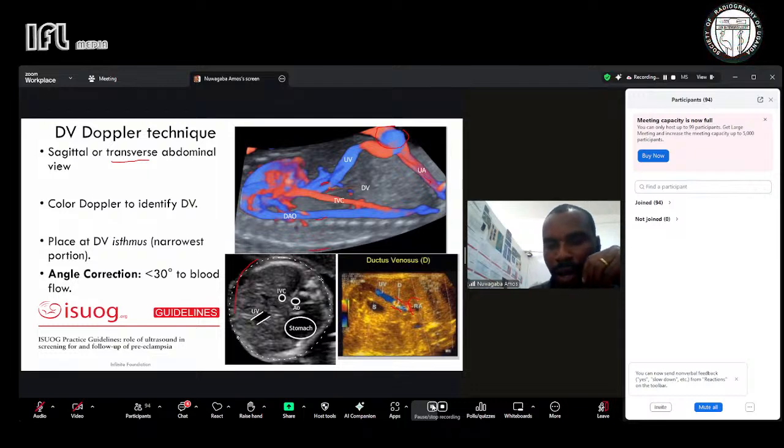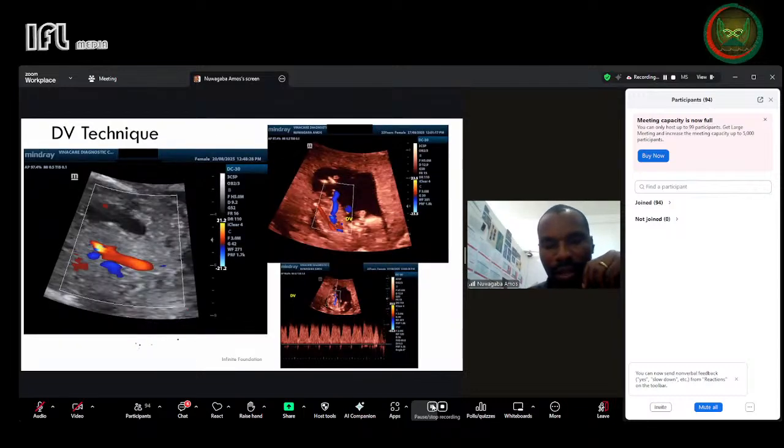That is where we sample. There are many guidelines that have been published on the performance of the ductus venosus, and the ISUOG also published a paper that can give us guidance.